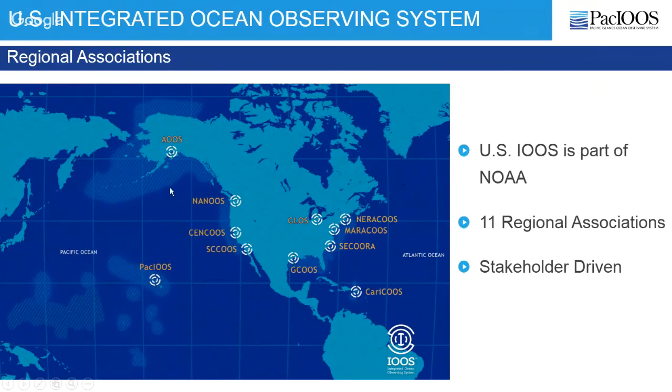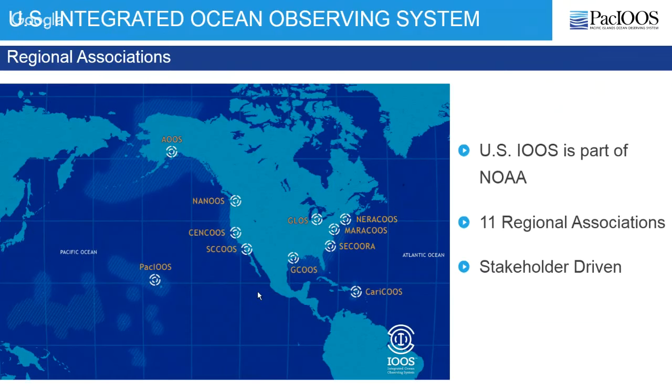The Alaska Ocean Observing System is also a giant area to cover. But the West Coast, the East Coast, the Gulf of Mexico, and the Caribbean are all covered, also the Great Lakes. Our headquarters, the US IOOS, is based within NOAA, within the National Ocean Service line office.